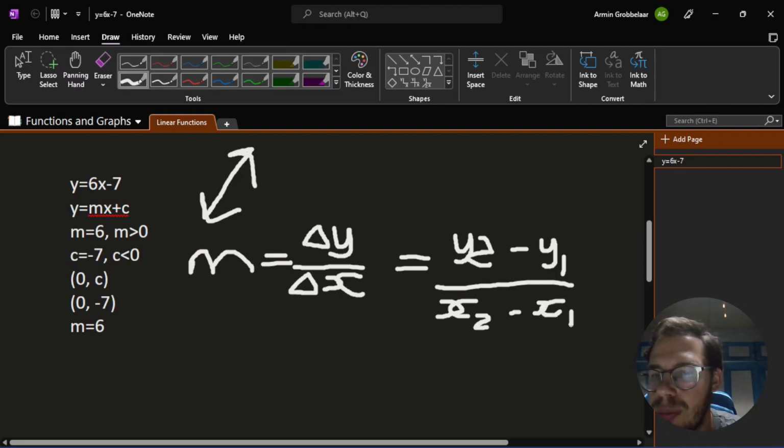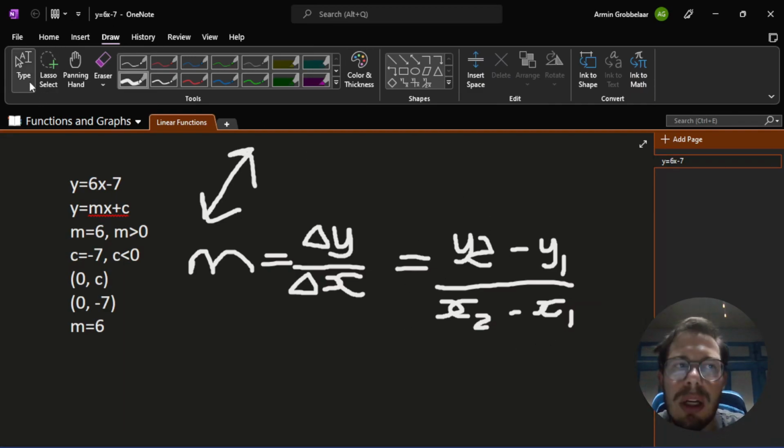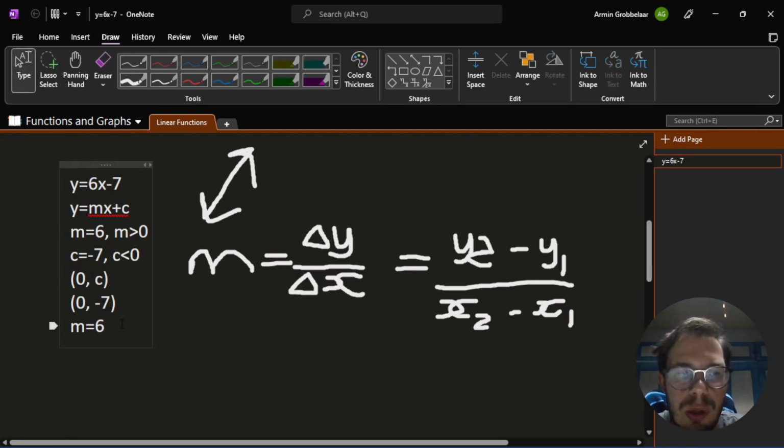So it can also be y1 minus y2 divided by x1 minus x2. At the end of the video I'll explain this part, but for now I'm just going to show you how to draw it, and then I'll show you another method to get m.